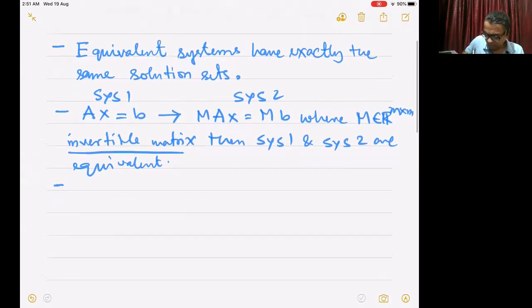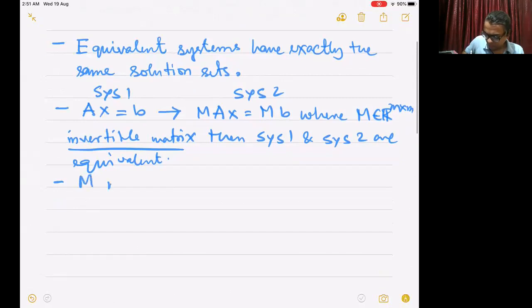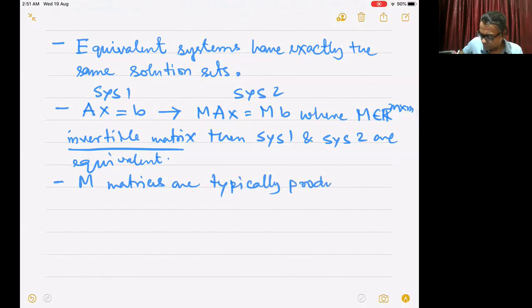So how does one get these M matrices? M matrices are typically products of elementary row operation matrices.